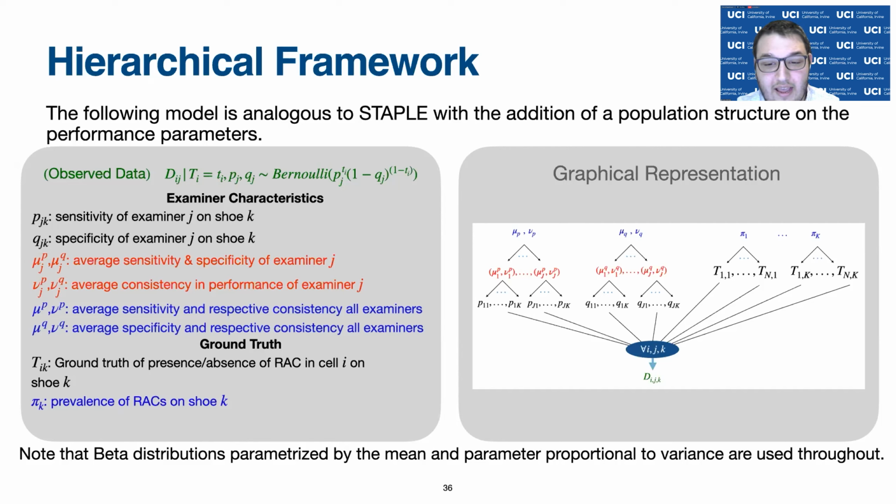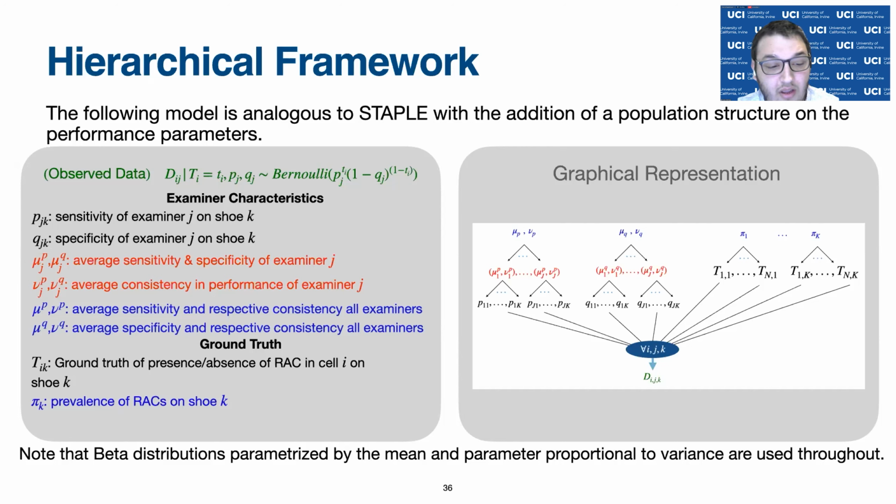So this would allow for certain shoes to be more difficult than others. While the structure is more on the examiners, there are ways to incorporate structure on the shoes as well to incorporate more difficulty.